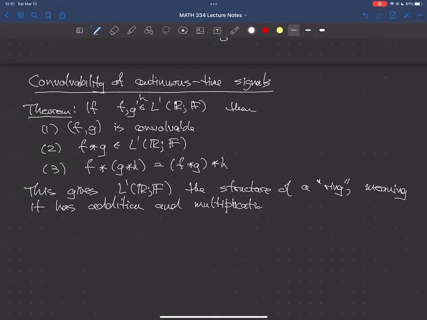In a ring, these structures of addition and multiplication have to fit together in the usual distributive ways that I'm not going to list here carefully, but you can guess what they are.